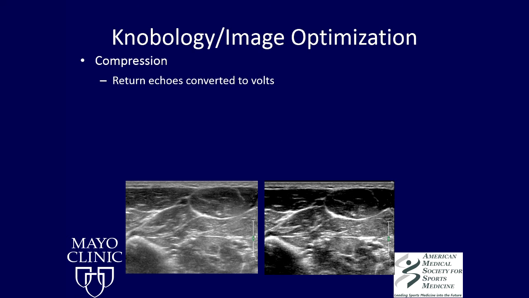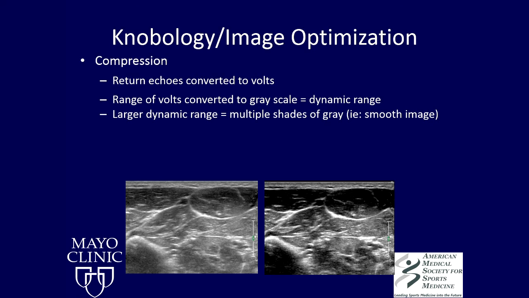Compression has to do with the number of colors of gray that you have on your grayscale. With compression, it's talking about the dynamic range, which is the number of colors of gray that you have on your grayscale. If you have an increased dynamic range, then you're going to have more shades of gray, and if you have a small dynamic range, you're going to have fewer shades of gray.